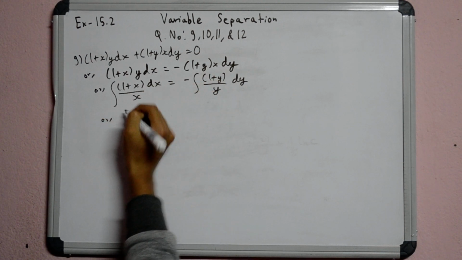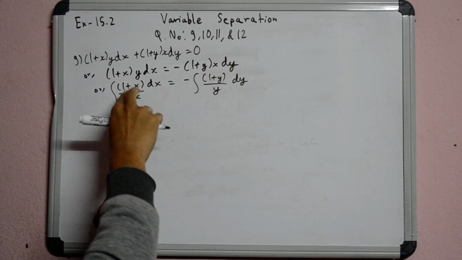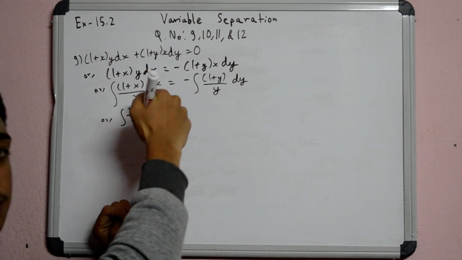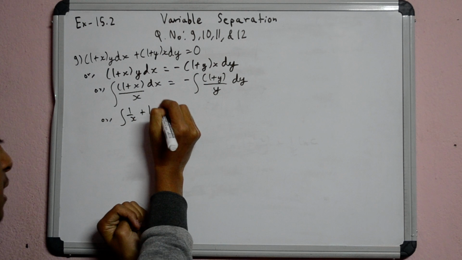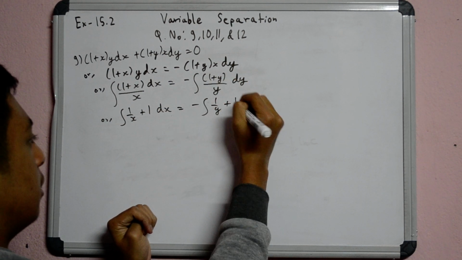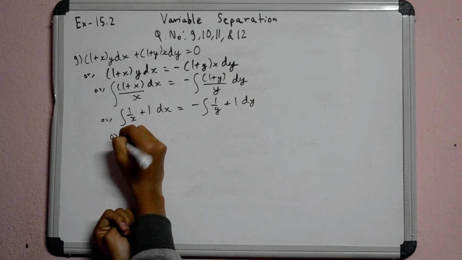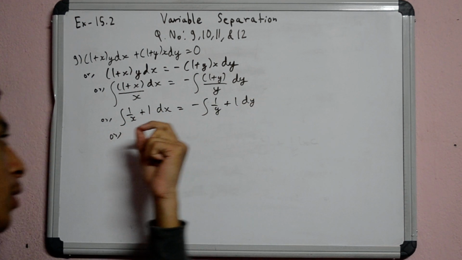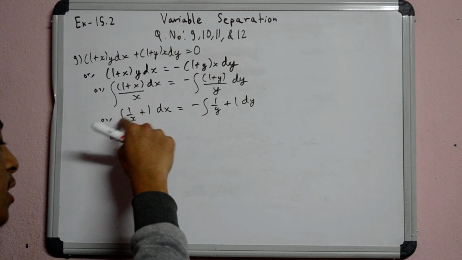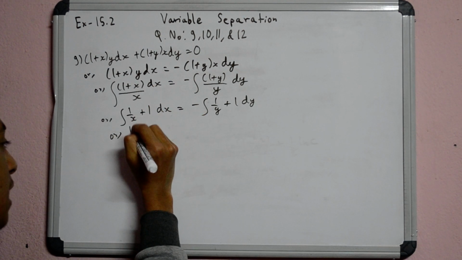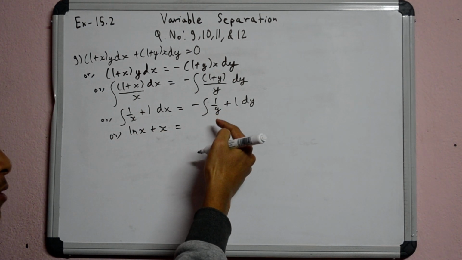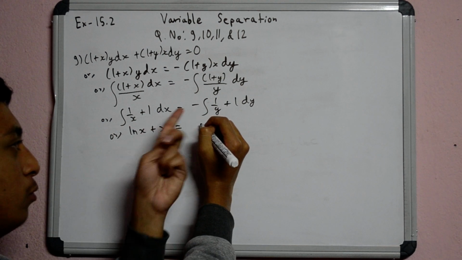So this is the integration of, let's separate the numerator. So this becomes 1 by x plus x by x, which is just 1, dx is equal to minus, and same over here. And here this is just the integration of this plus the integration of that. So the integration of 1 by x is ln x, integration of 1 is just x, and similarly over here it is the same thing, but we just have a minus.